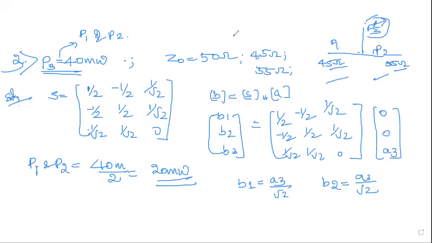Let's clear the screen. Now the next step is you have to find out the reflected power at port 1. To find the reflected power at port 1, you know the formula: half into the input power, which is A3 square.